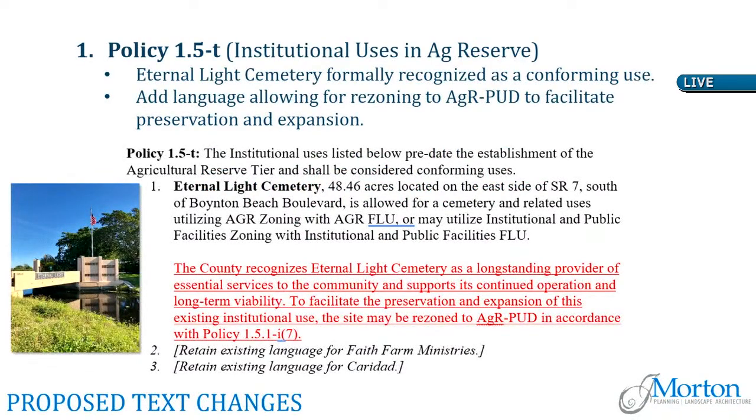Next, thank you. Now I'd like to get into the very specifics of the text amendment. Next slide. There are 2 policies that we're requesting to amend. The first one is policy 1.5T. This policy recognizes Eternal Light as an existing conforming use. What we're proposing is to add language that would allow for Eternal Light to be rezoned to an AGR PUD.